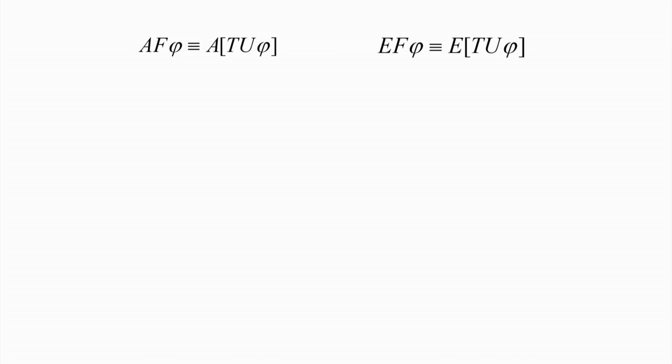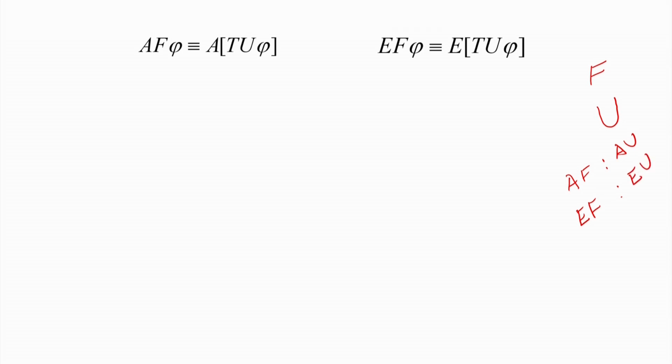That means we have the temporal operator F, and this temporal operator F has some relationship with the until operator. If it is A F, then it will be related to A until, and E F will be related to E until.